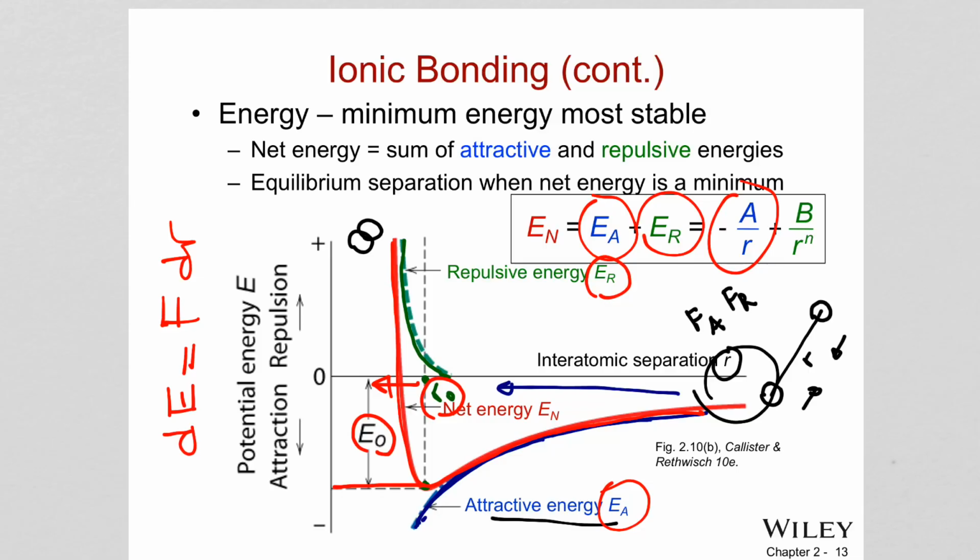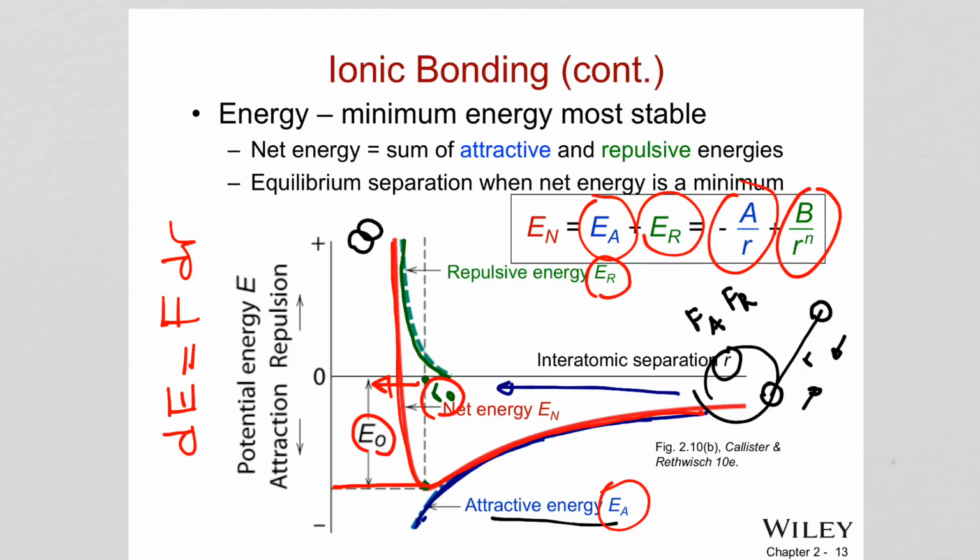Similar to that, as we said, repulsive force increases much more rapidly with decreasing separation compared to the attractive forces. So the relationship given for the repulsive energy is B over R to the power of N. In this case, B and N are constants.